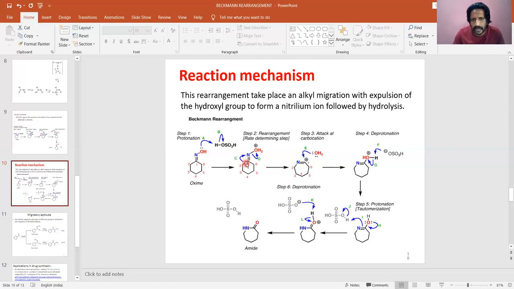So this second carbon is now connected to nitrogen, and nitrogen, as earlier, is connected to the first carbon by a double bond. But the first carbon now has a plus charge. Why? Because the second carbon was connected to the first carbon through the bond.